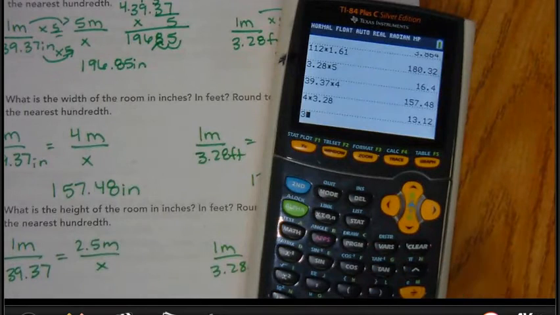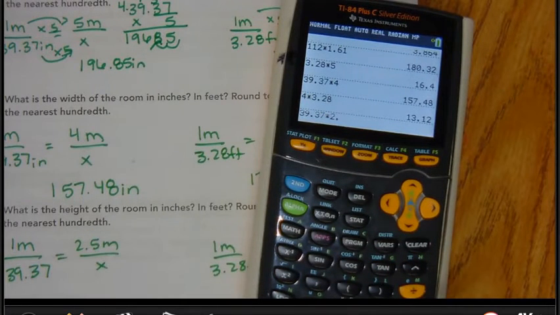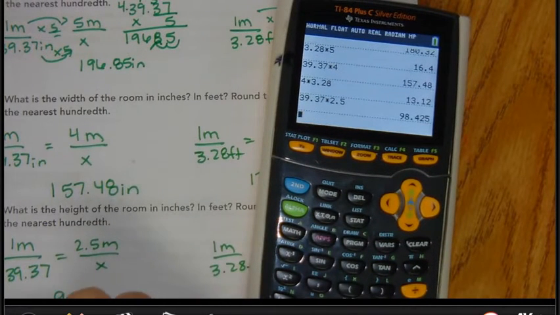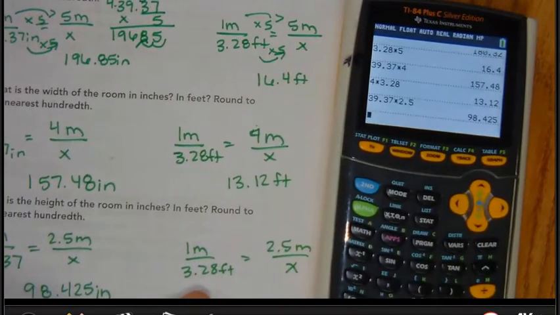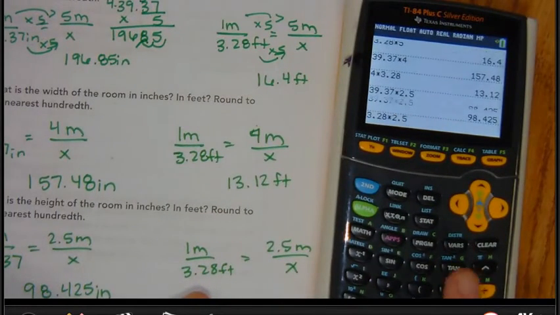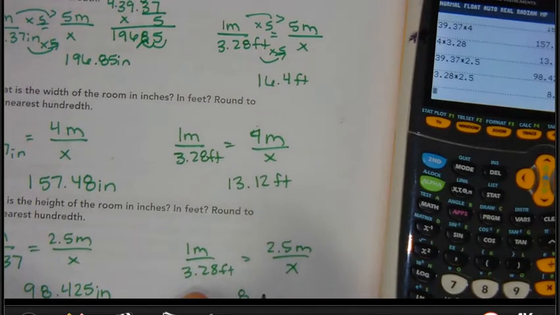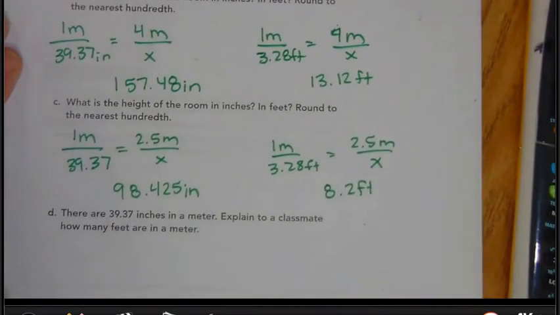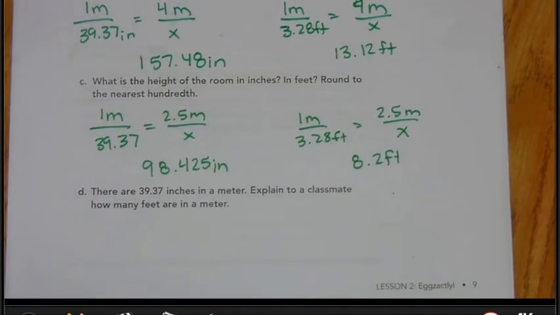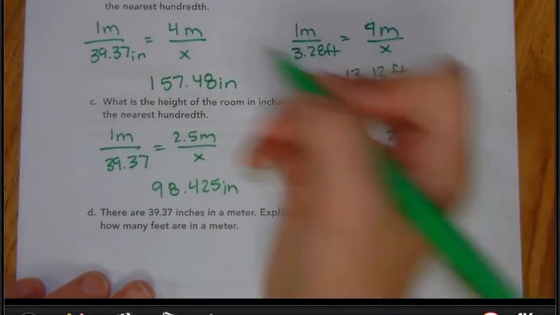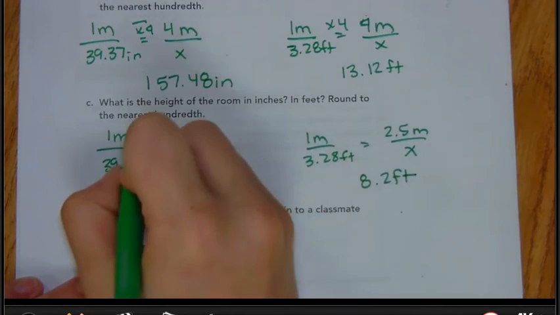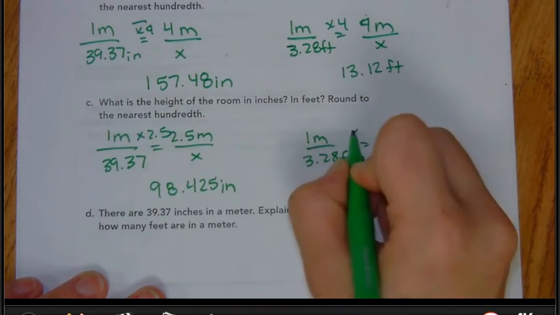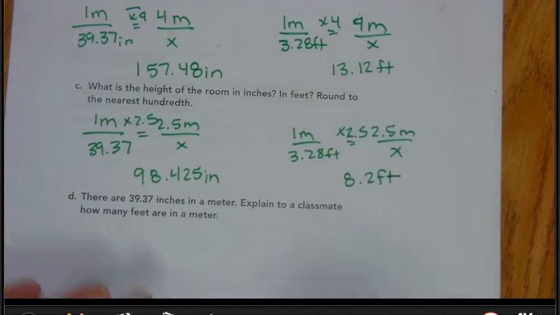So 39.37 times 2.5 is 98.425 inches. 3.28 times 2.5 is 8.2 feet. Okay. So if you guys are just joining us back, these are our answers. What we did was times 4 on both top and bottom here, and then we multiplied by 2.5 on both top and bottom here.